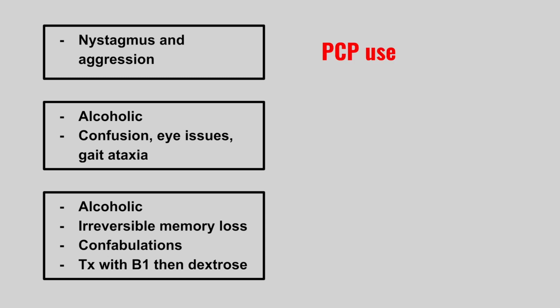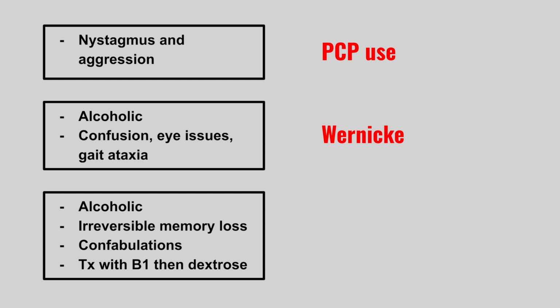Next, we have a patient with nystagmus and aggression. This is PCP use. Next, we have an alcoholic patient who presents with confusion, eye issues, and gait ataxia. This is Wernicke.